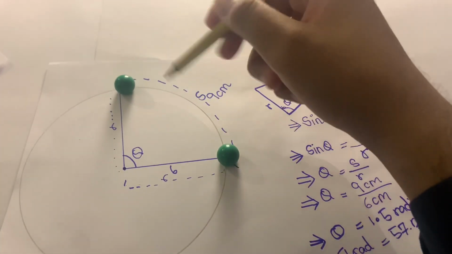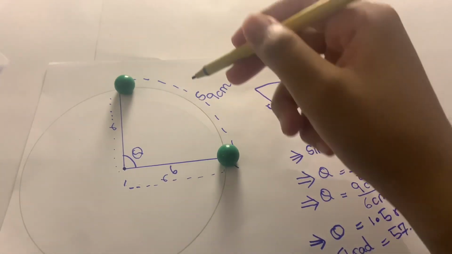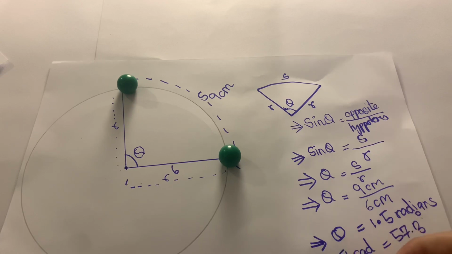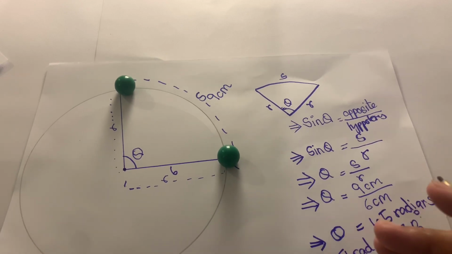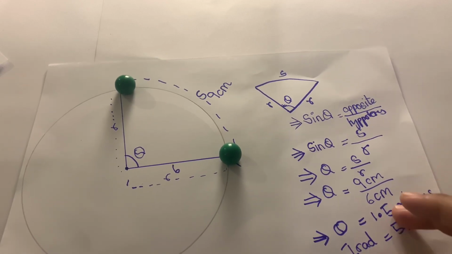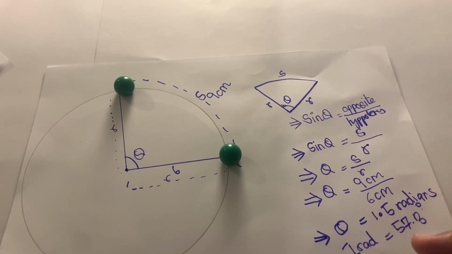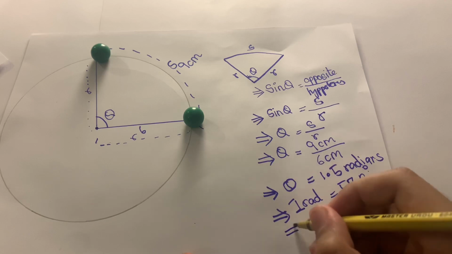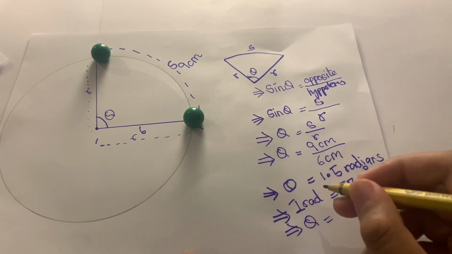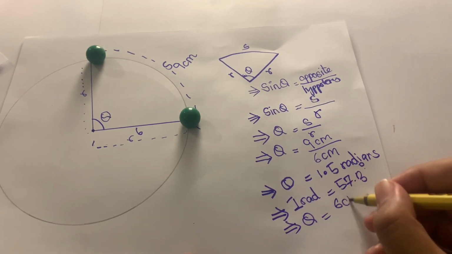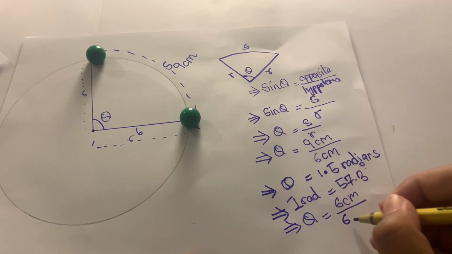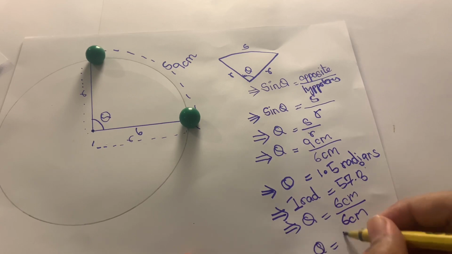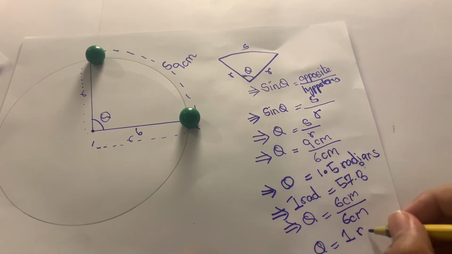And imagine that this object travels an arc length equal to the radius of that circle. That angle, that displacement, is what is known as 1 radian, because theta equals, for example, 6 centimeters over 6 centimeters, which is 1 radian.